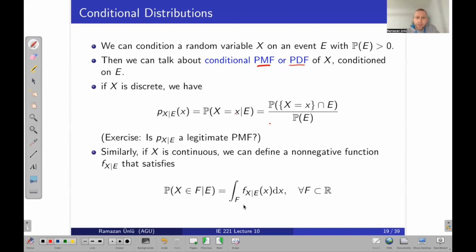And this formulation is valid for every F.